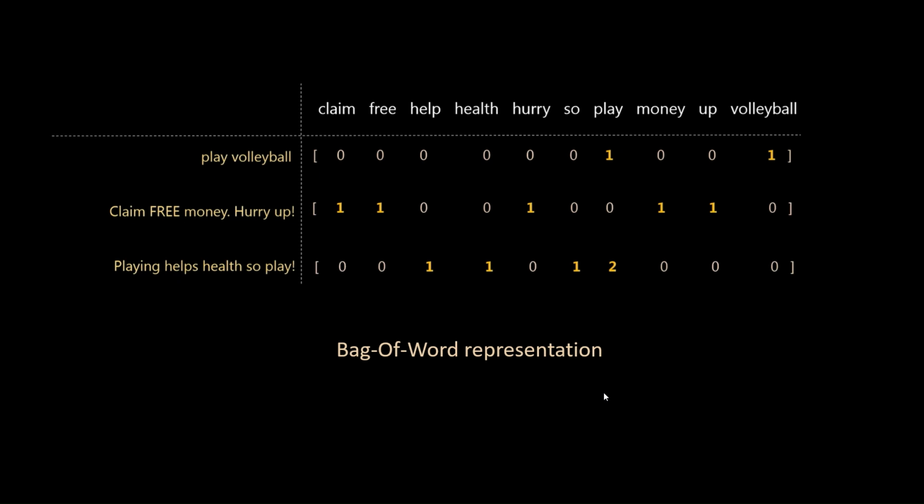Now there are certain limitations in the bag of words representation. If the vocabulary consists of only 10 tokens, it's not a problem. If we imagine a vocabulary with 10,000 words, then we will get a bag of words vector of length 10,000, that is 10k.